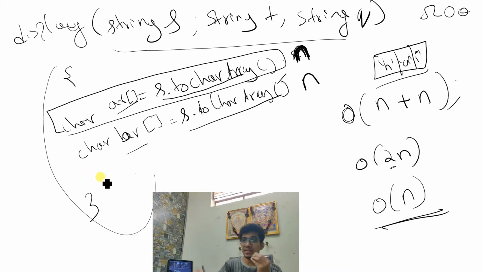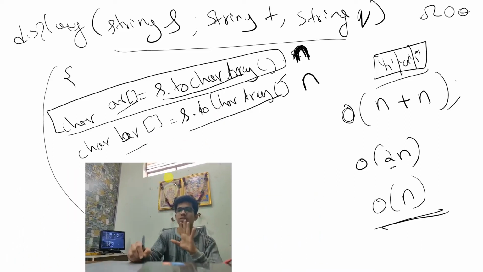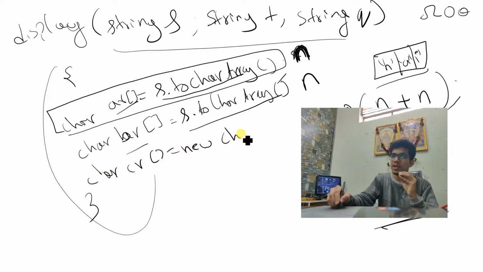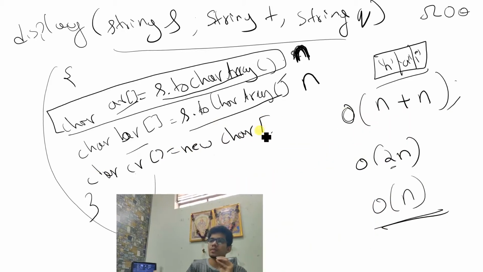Let's imagine I add to this example: char cr is equal to new char of s dot length into s dot length. If the s dot length was n, don't you think you are creating one memory of n into n? N into n is n square.